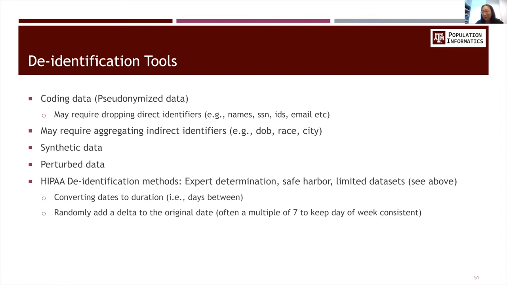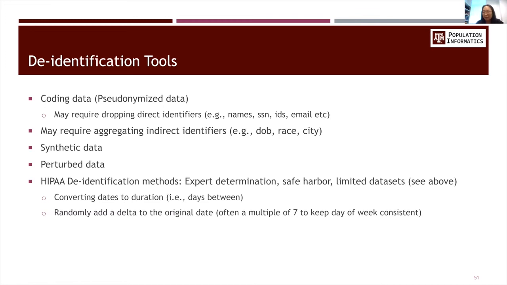So you're going to drop the direct identifiers like names and social security numbers, and instead you're going to replace that by a pseudonym, the unique study ID. And then if you use that to identify the study participant across different things you're doing, that's usually called coded data. And coded data is de-identified as long as you don't have the ability to go back to using the code to attach the direct identifiers.